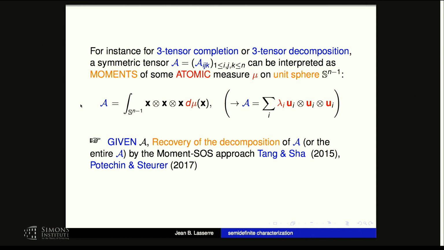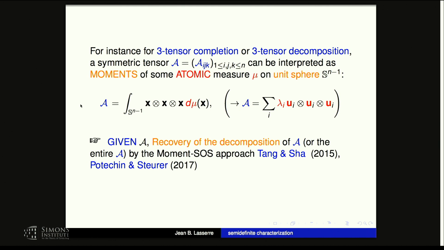So this is your tensor A. A is given, and you want to find this decomposition. You can interpret this as an atomic measure on the unit sphere. Each coefficient a_ijk should be viewed as a moment of a measure on the sphere.